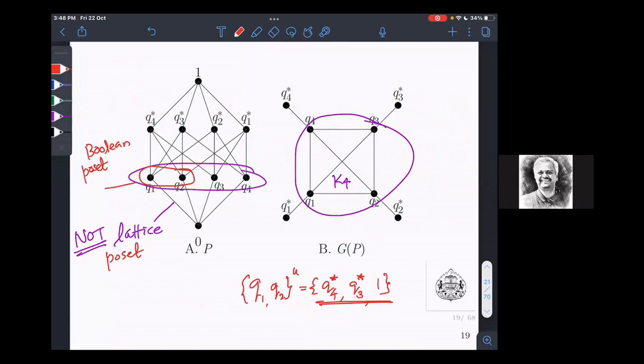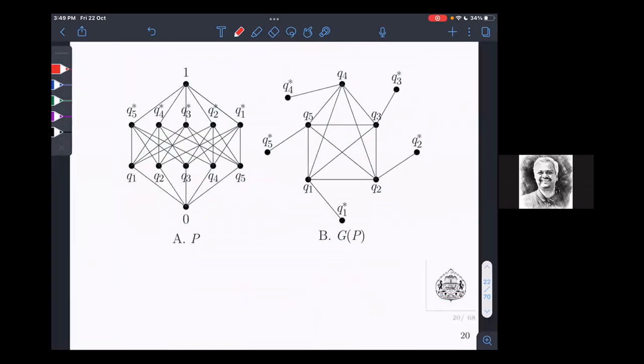Though the graph is a little smaller, since Q4 is sitting inside, you need 4 colors. Again, the bigger structure has nothing to do with the graph coloring. You need 4 colors to color this graph. Similarly, here you have a Q5 Boolean poset with 5 atoms, 1, 2, 3, 4, 5.